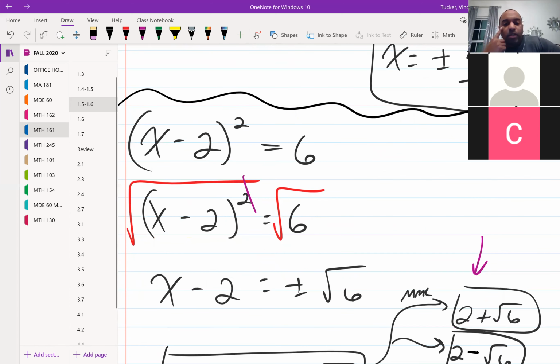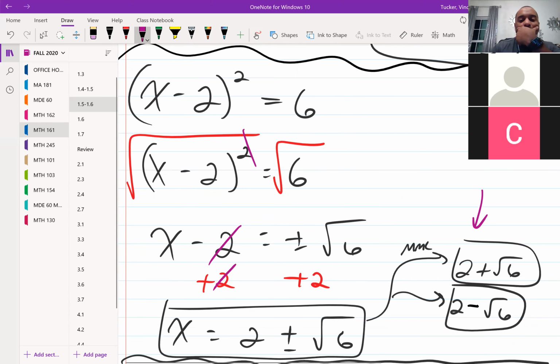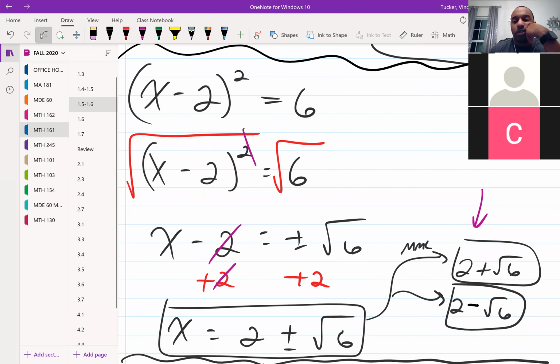So that'd be x minus 2 equal to plus or minus square root of 6. Don't forget, whenever you take the square root of both sides, plus or minus has to be involved. Now you add 2 to both sides. And x is equal to 2 plus or minus square root of 6.